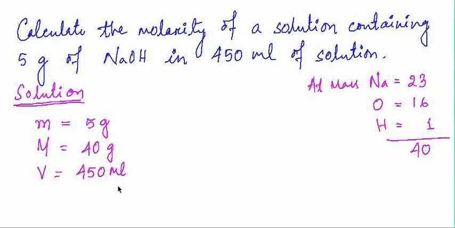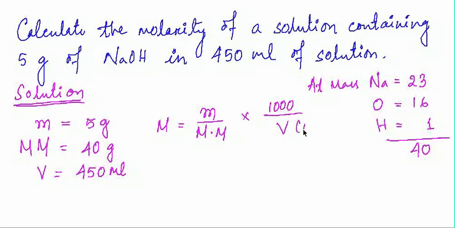So here, I can convert the 450 to liters and use it, or I can use the formula that we discussed, that is the molarity M is equal to m by molecular mass of the solute into 1000 divided by volume of the solution in ml.